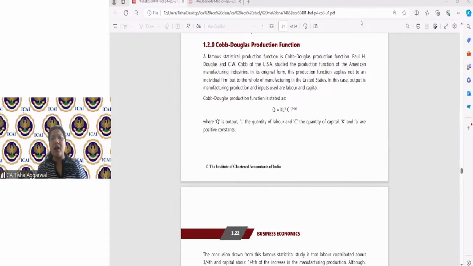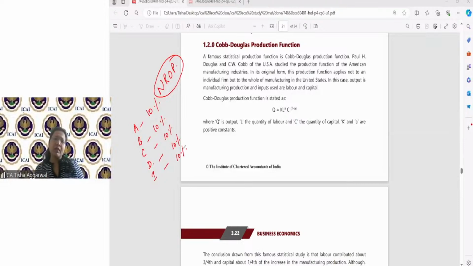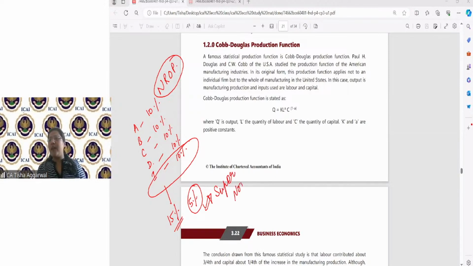So let's say cafe A, cafe B, cafe C, cafe D, and cafe Ishika, they all should earn 10%, which is a normal rate of profit. 10%, 10%, 10%, and 10%. Correct. But Ishika is earning 15%. That 5% extra profit that you are earning, maybe because of any other factors, is known as supernormal profit. Over and above the normal profit is known as the supernormal profit in a very simple language. I hope, Ishika, it's clear.